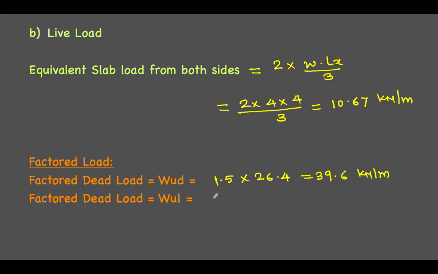For live load we will be getting 1.5 into 10.67, which is equal to 16 kilonewton per running meter. So this is our factored load, factored dead load and factored live load.